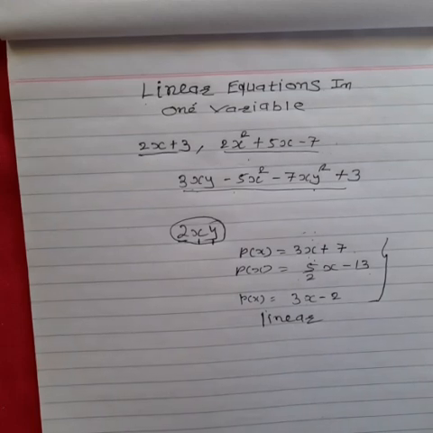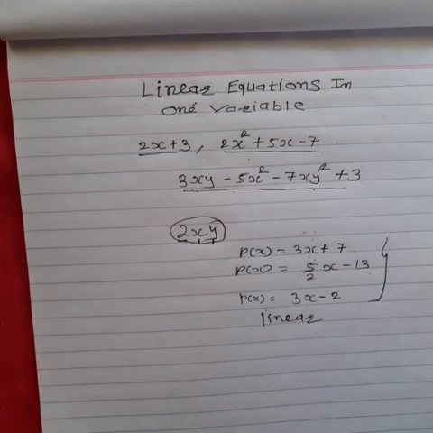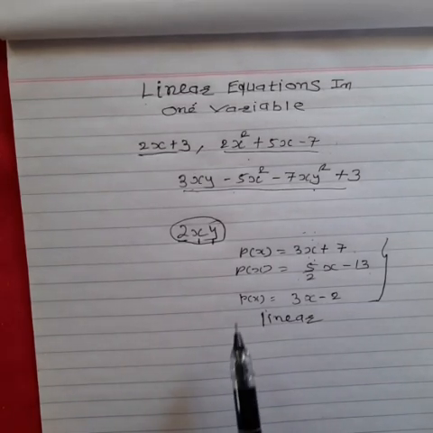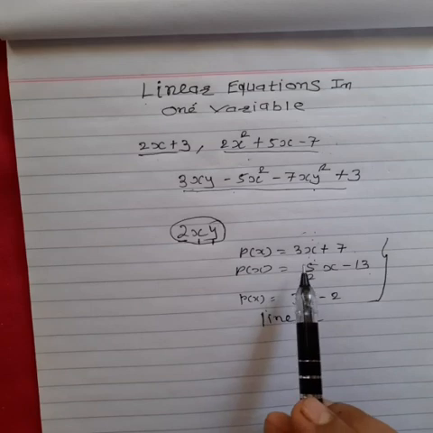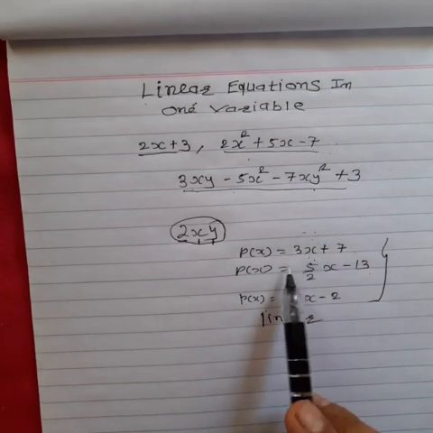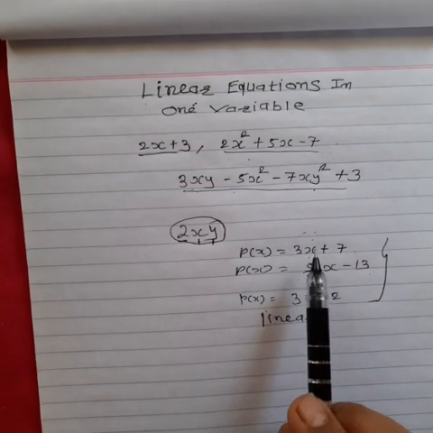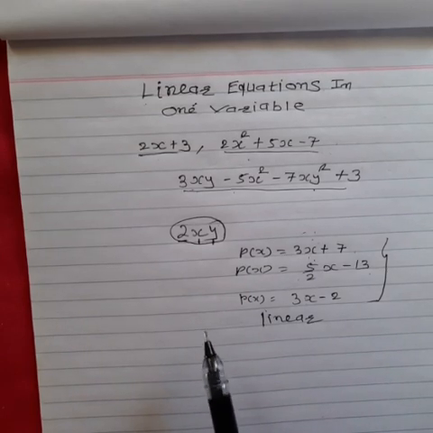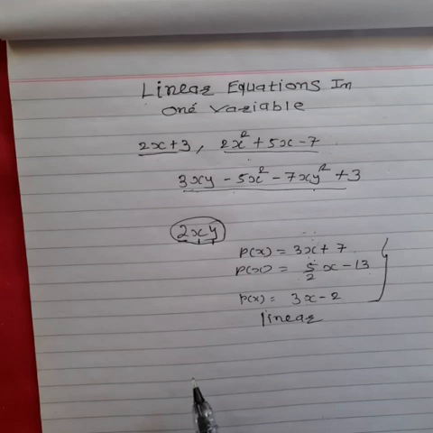So again we come to the topic: when the degree of the polynomial or algebraic expression is 1, then it is called linear. Now the question arises: what is the difference between an algebraic expression and an equation, and how is it converted into an equation?